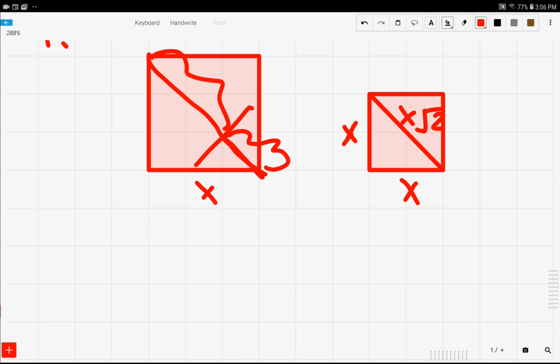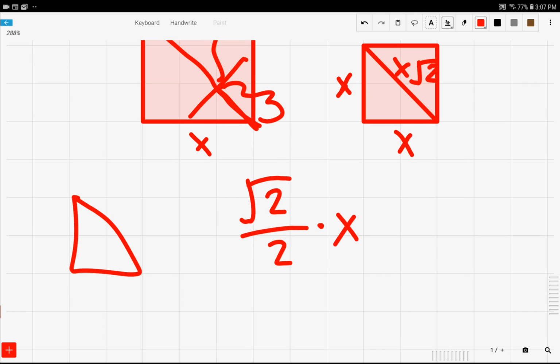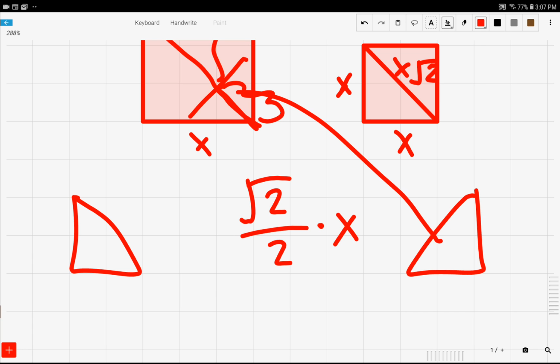So we know that the side length of the triangle is square root 2 over 2 times x. So basically, when we have this triangle right here, we split it in half with the diagonal part.